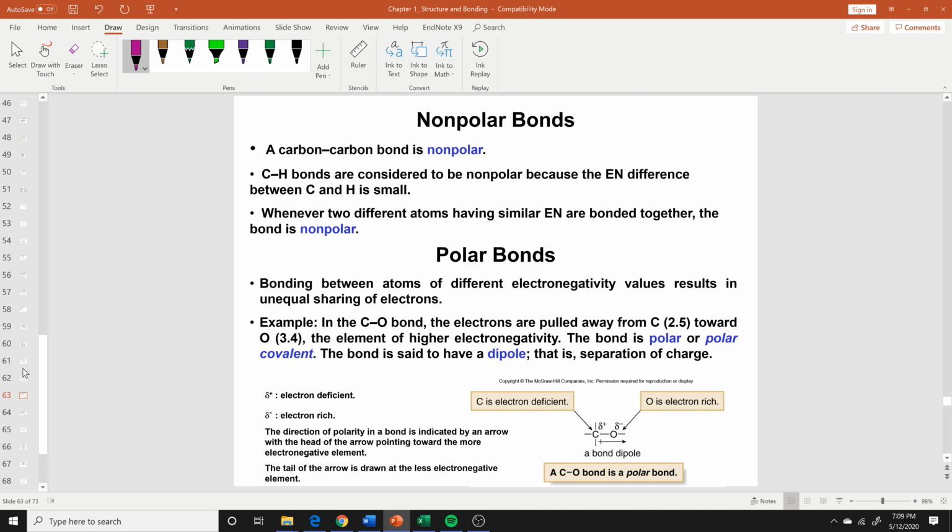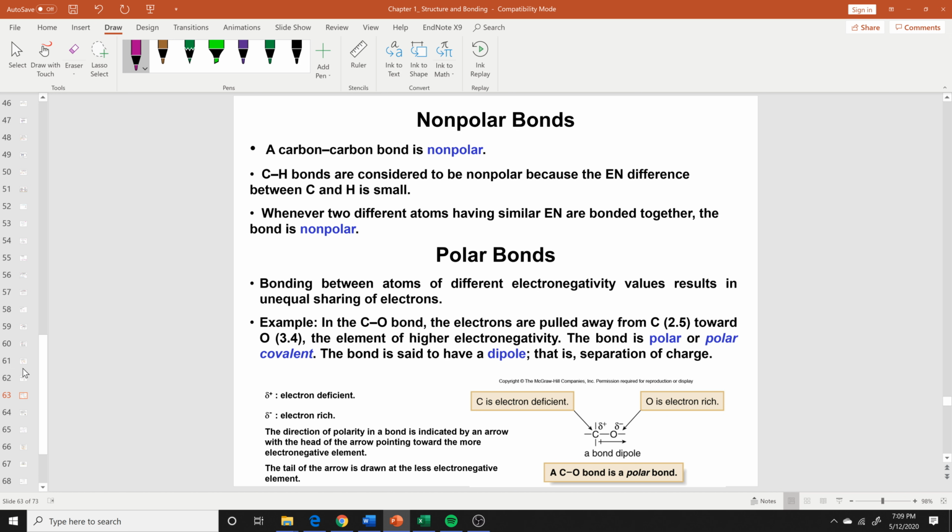Now, with respect to nonpolar bonds, carbon-carbon bonds are nonpolar bonds. Carbon-hydrogen bonds are also nonpolar bonds. And if you have atoms that are the same, for example H2, O2, N2, all of those are considered to be nonpolar covalent bonds.